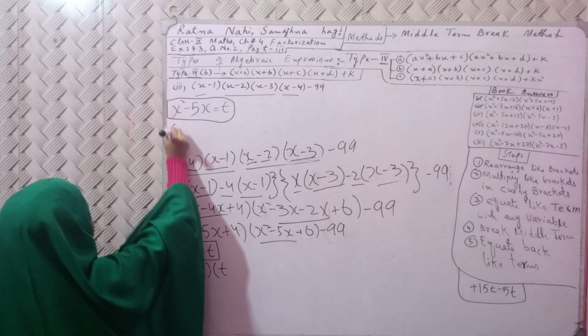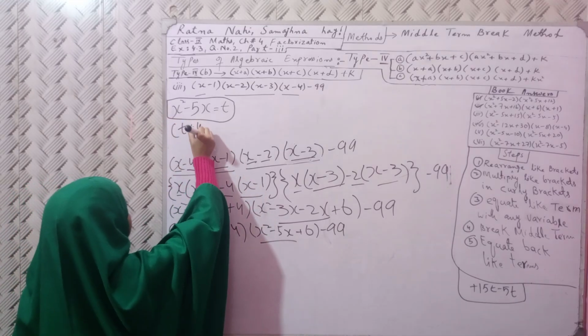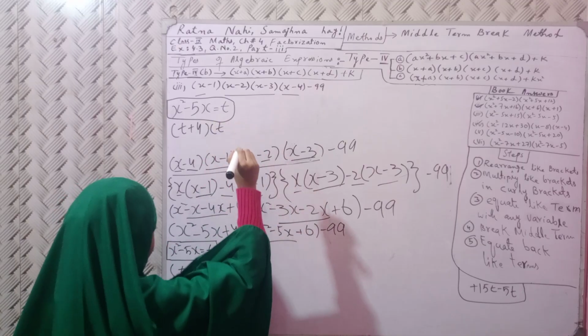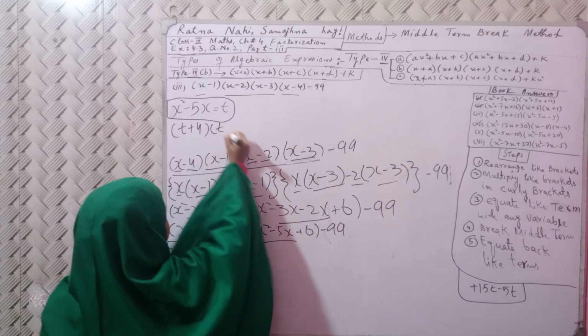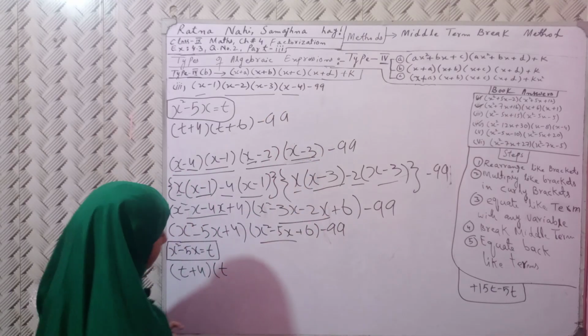Then (t + 4), x² - 5x is equal to t, then (t + 4)(t + 6) - 99.